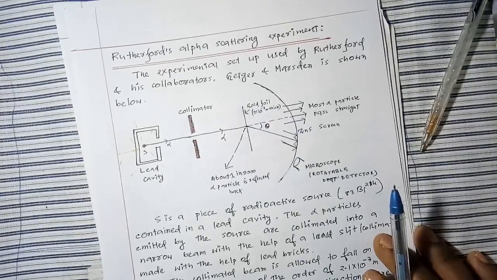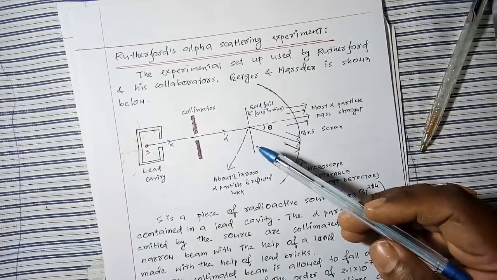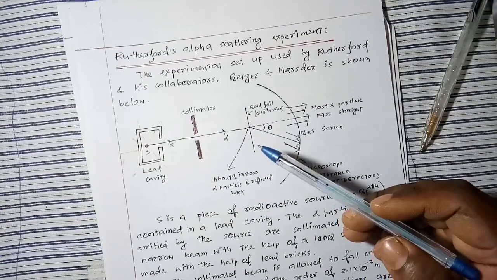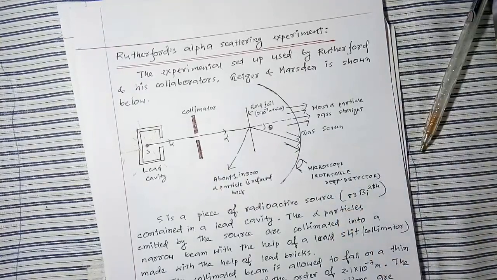This is because gold foil is highly malleable and can be converted into a very thin sheet. The gold foil used by Rutherford in his experiment had a thickness of around 10 to the power minus 7 meter.